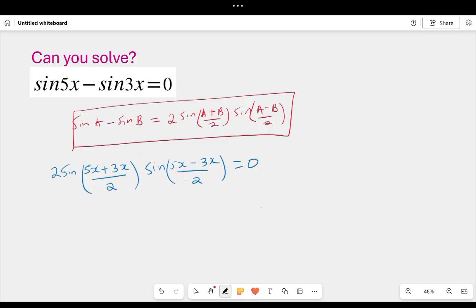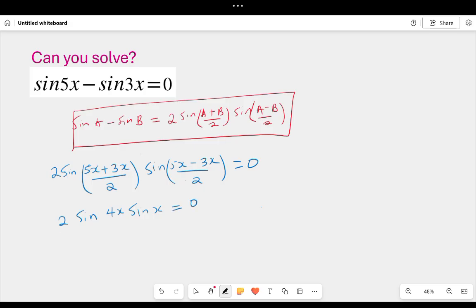Simplifying this further, we have 2 sine, now 5x plus 3x is 8x, divided by 2, we are getting 4x. And then over here, 5x minus 3x is 2x divided by 2, we are going to get x.